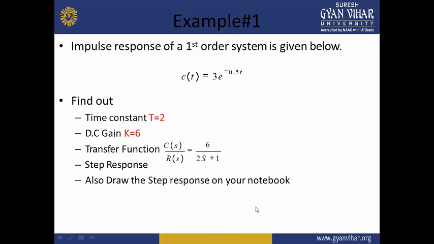The time constant is T equal to 2, the DC gain is 6, and the transfer function is as above. We also have to draw the step response in your notebook.